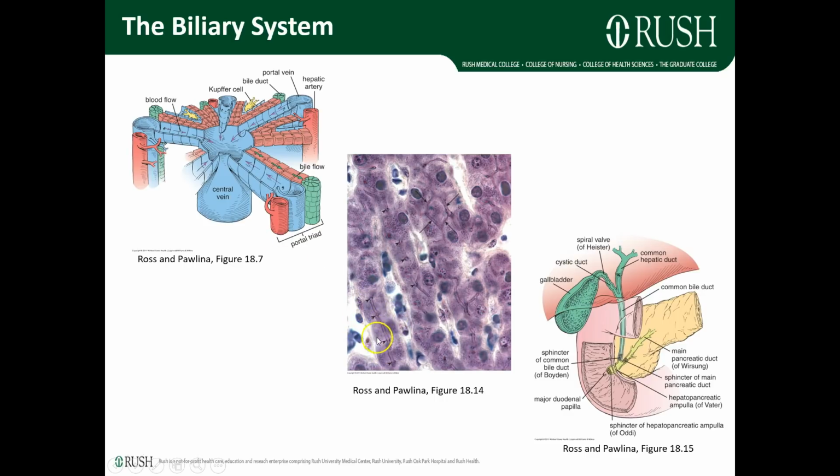So these are the individual hepatocytes, and the canaliculi running along the length, as depicted in this picture here by the green arrows, going to the bile duct here in the portal triad. And this picture here shows how the bile is transported from the liver into the gallbladder and eventually also released into the GI tract.